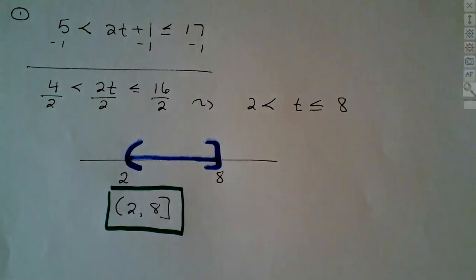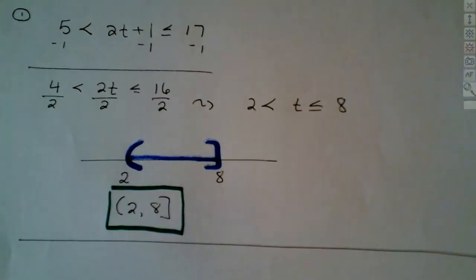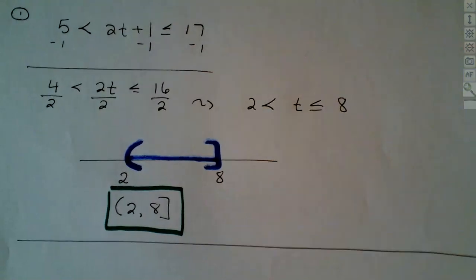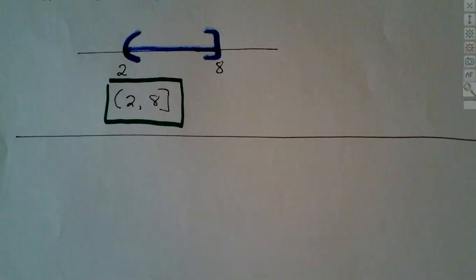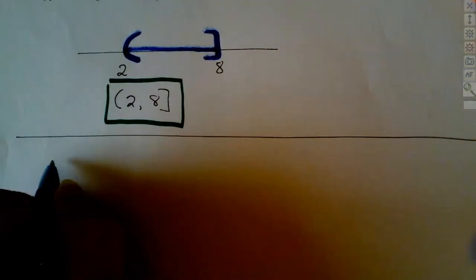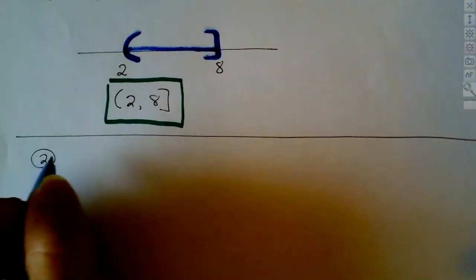Next question is similar. It is another interval notation question, and we're going to have to distribute through, combine like terms, and get that x by itself on the left-hand side, and then we'll graph it by which way the inequality points.